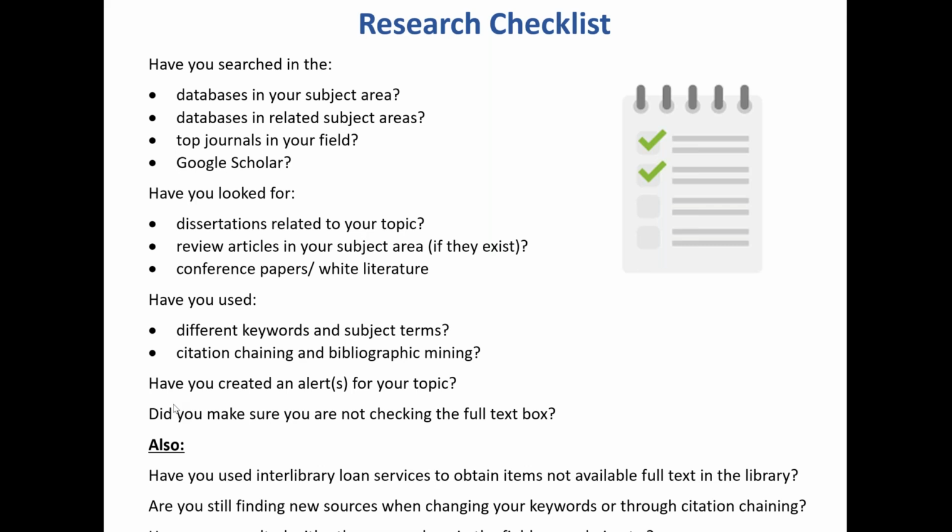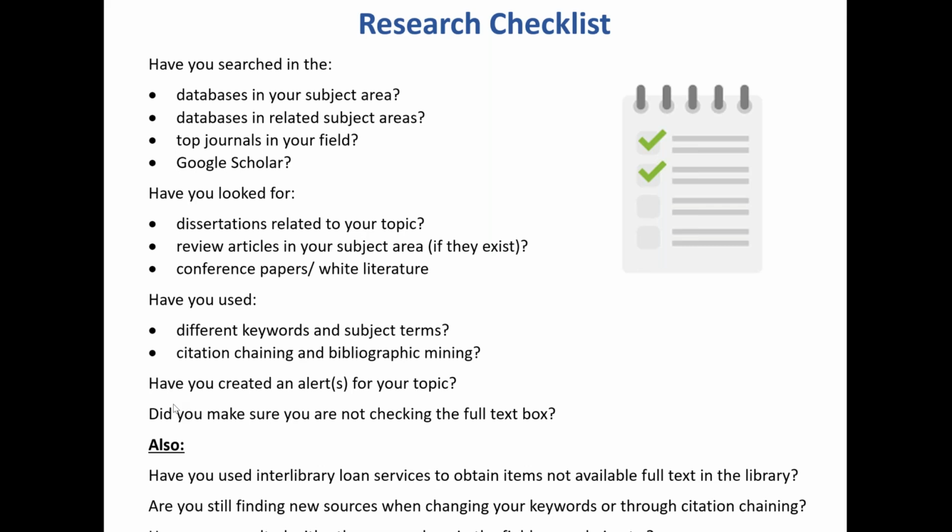So I usually ask, have you looked at all the databases in your subject area or related subject areas? Did you look at the top journals in your field? Did you check Google Scholar? Did you look for dissertations related to your topic or review articles in your subject areas, if they exist, of course?